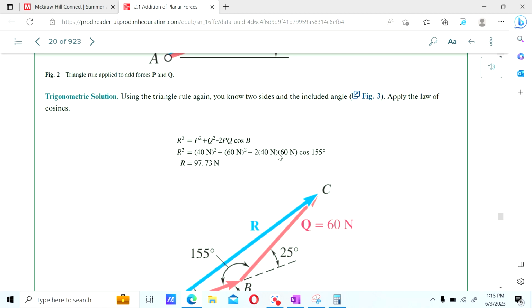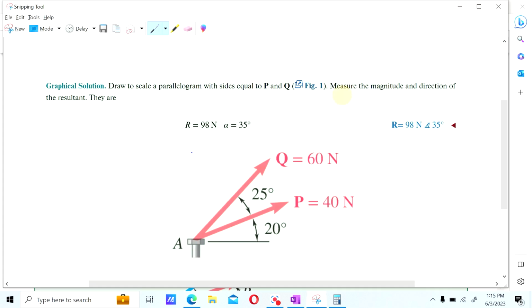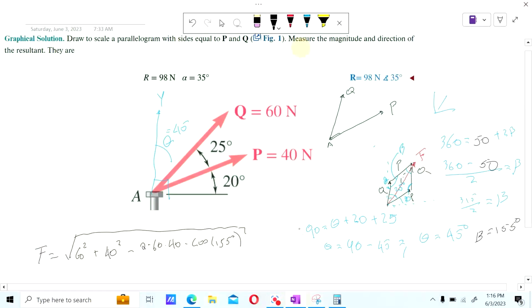And if you put that in the calculator, which you should try and use, type it in. Remember to always use degrees and not radians. We have 97.7. So basically, we can say 98 newtons. So the resultant force is 98 newtons. Okay, that should be it.